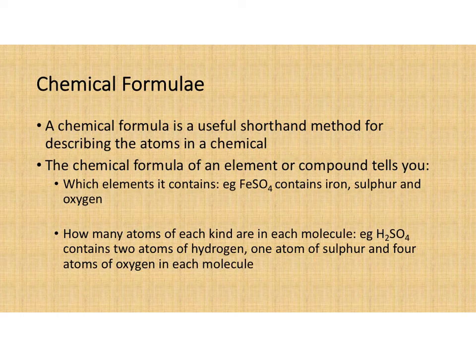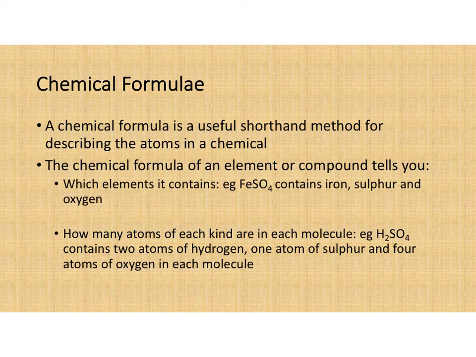So we've shown a compound being formed there, and the chemical formula is a shorthand method for describing the atoms in a chemical. So, for example, for the previous page, with the blue and the red atoms, that would be one blue and one red atom makes up that compound.